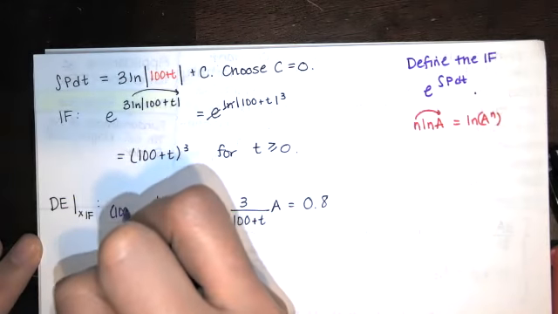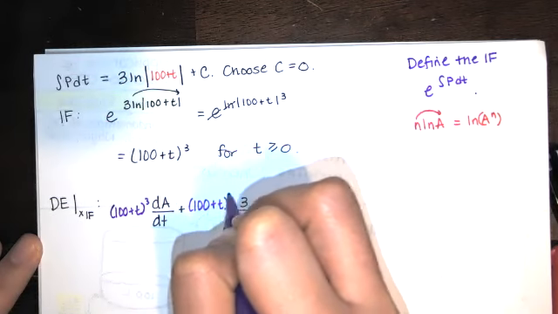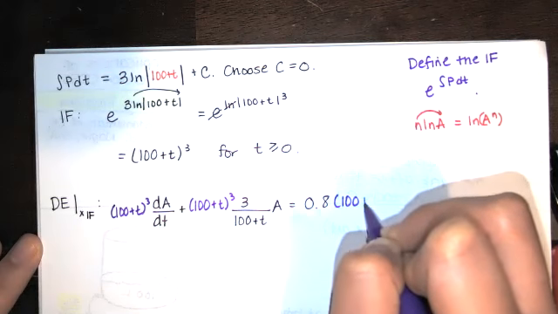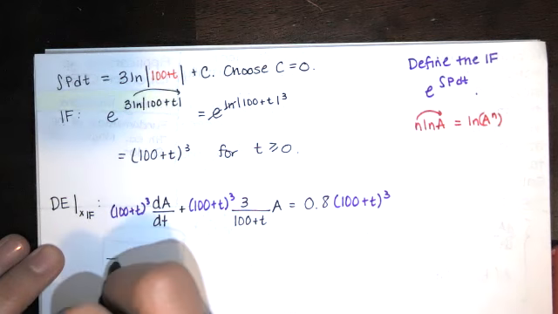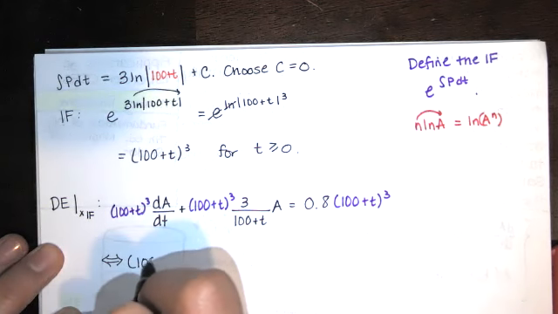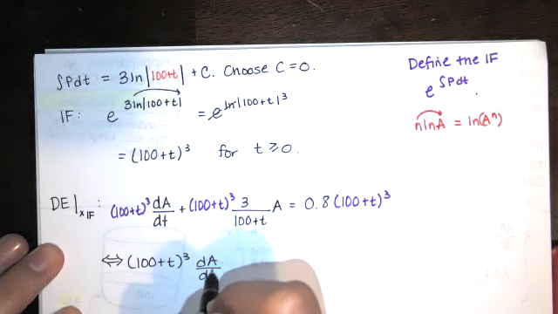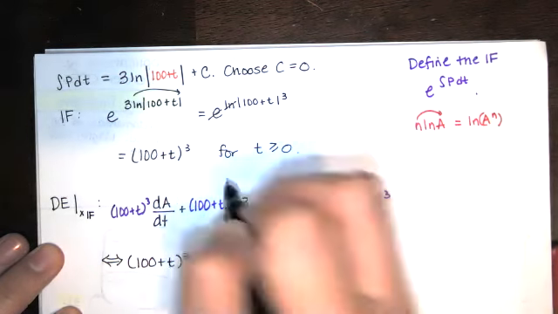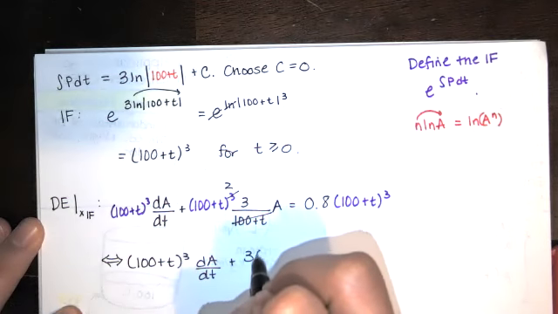So we multiply by (100 plus t) cubed here, and here, and here. And then we simplify as much as we can. One of these will reduce with one of those, so we'll have (100 plus t) squared there.